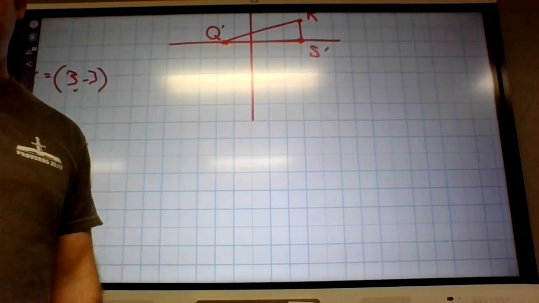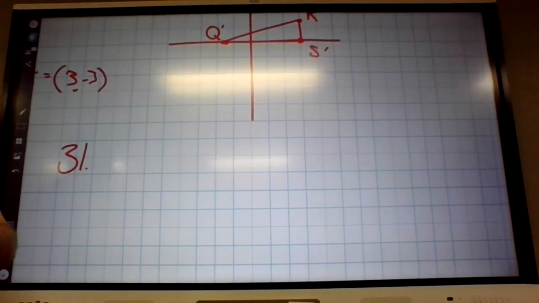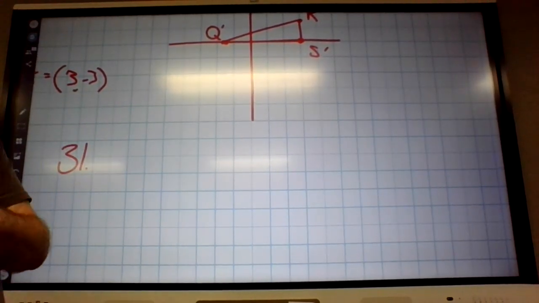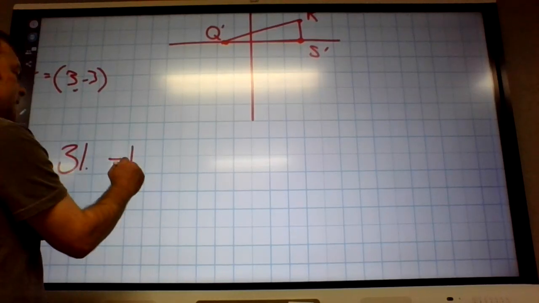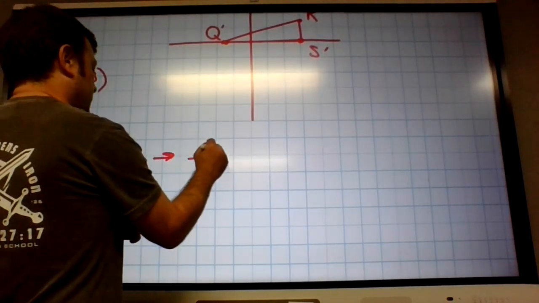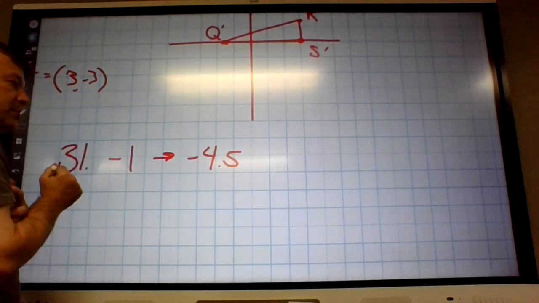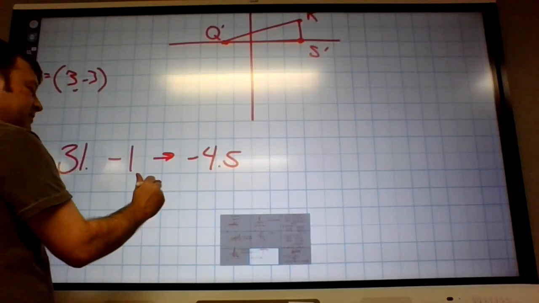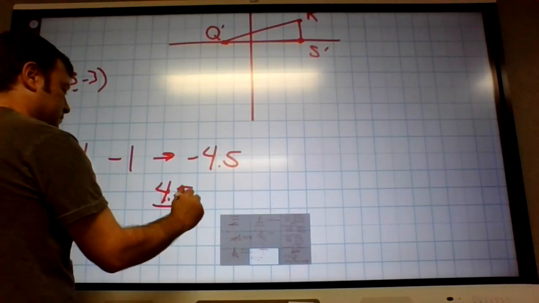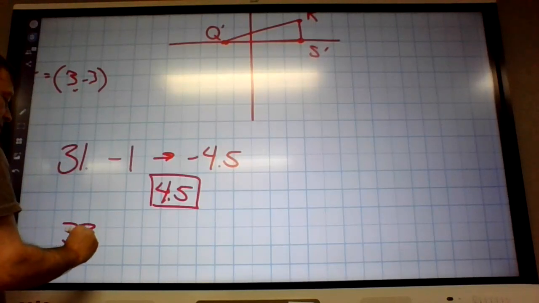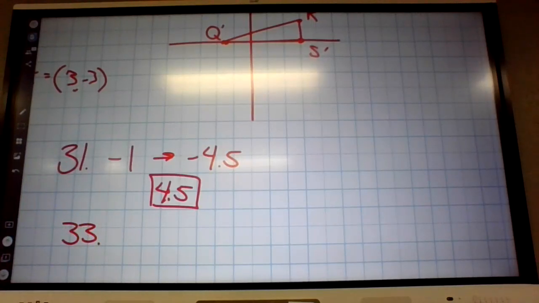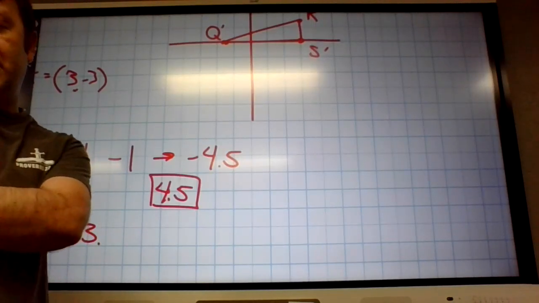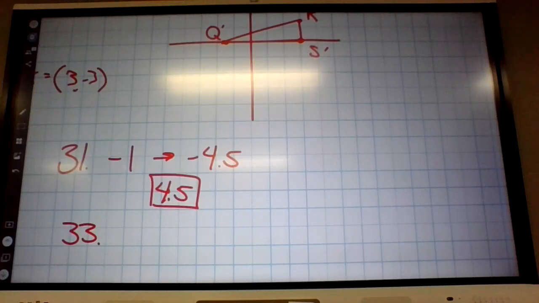All right, on 31, if I look at the x's, we're going from -1 to -4.5. So what must we be multiplying by? 4.5. Yeah. This divided by this is 4.5. On 33, on the H's, we're going from -1 to -1.5.